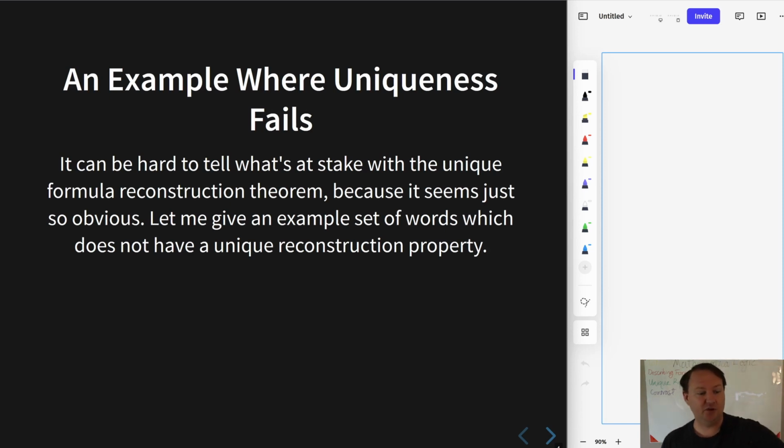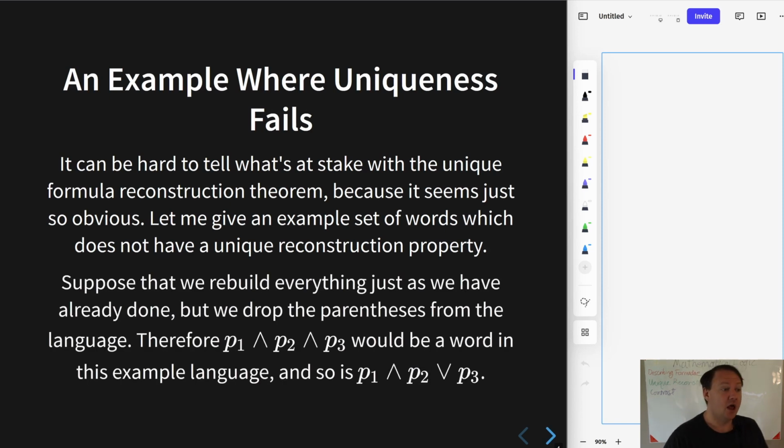Then it maybe seems a little less obvious that this always holds. So take, for instance, basically the same definition of formulae that we've already given, except that we drop the parentheses in our constructions so that P1 conjunction P2 conjunction P3 could be constructed through our construction steps.